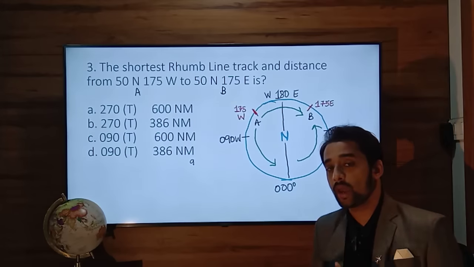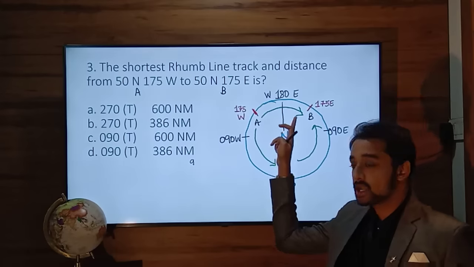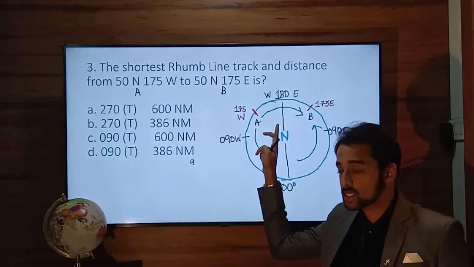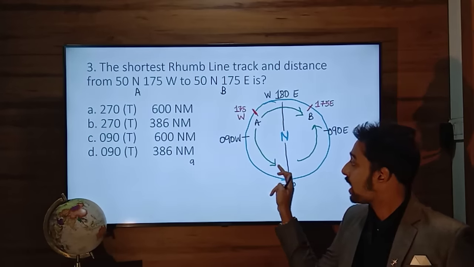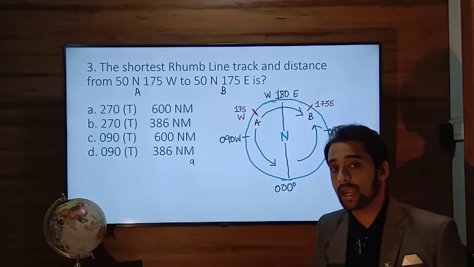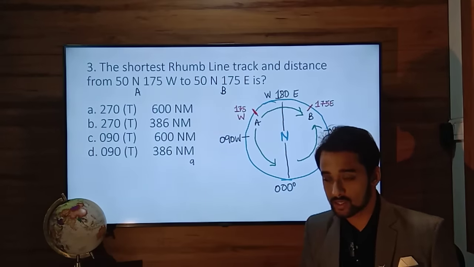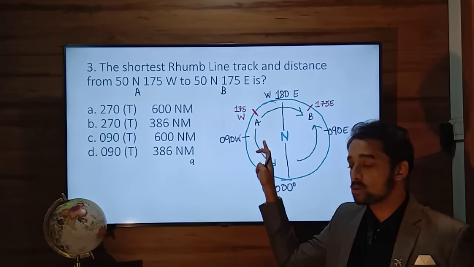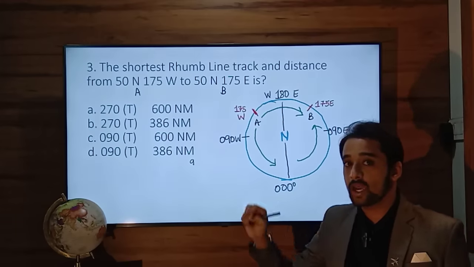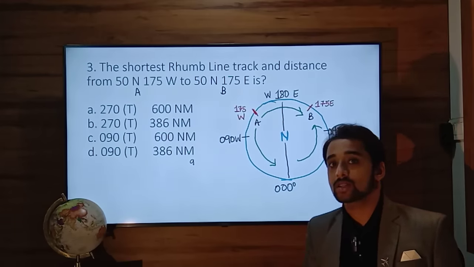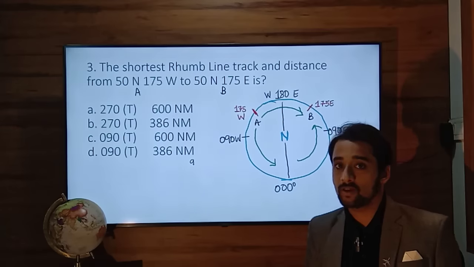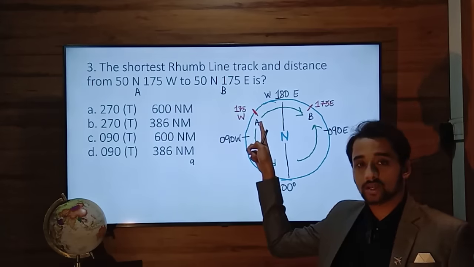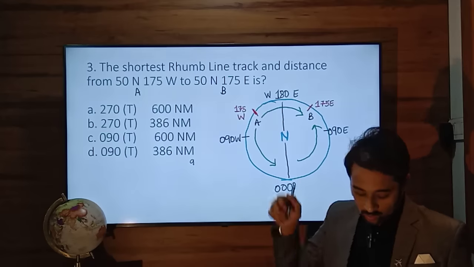Which way will give us the shortest distance, this clockwise direction or this anti-clockwise direction from A to B? Between these two, the clockwise direction from A to B will give us the shortest distance. So we will choose to fly in a clockwise direction from Alpha to Bravo.